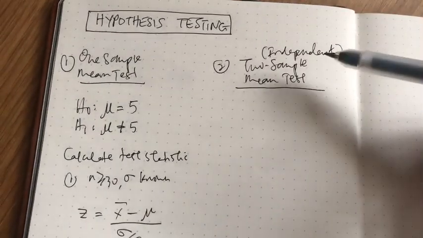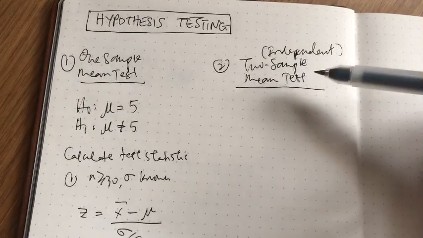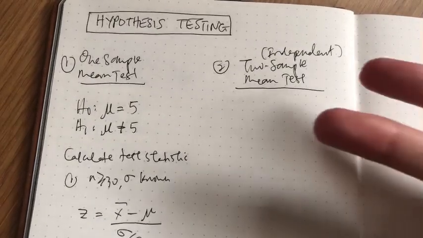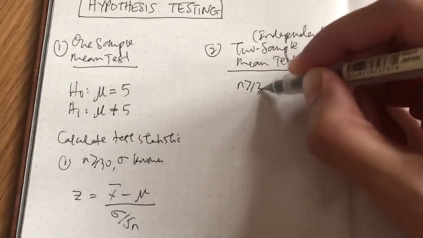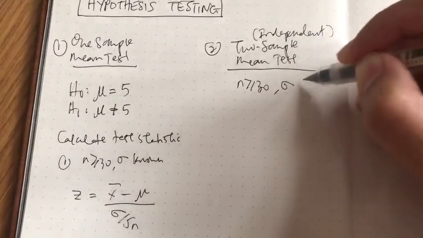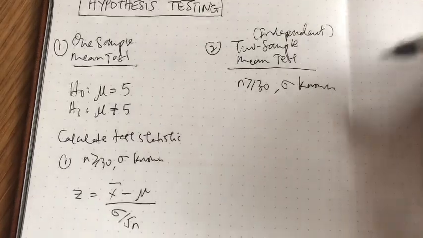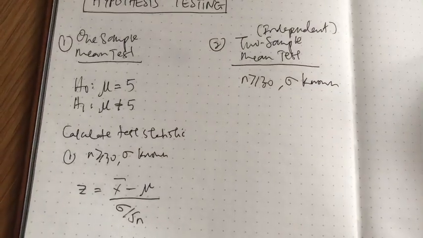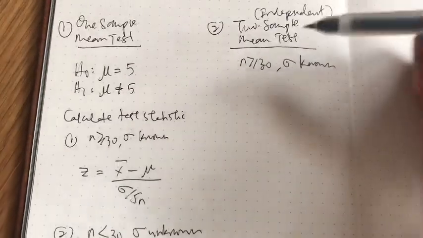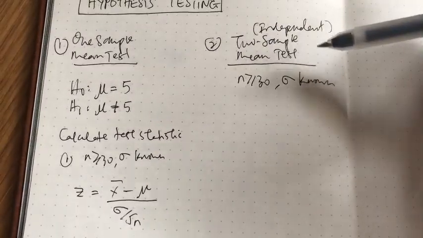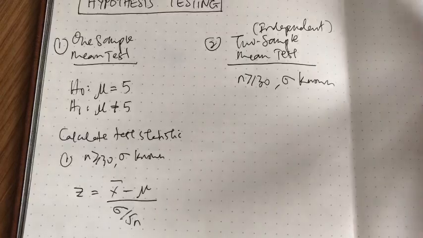For the case of an independent two-sample mean test, it's further divided into two types of tests. The first case is when we have a large sample size, and in this case, usually the population standard deviation is known. So how do we write the hypothesis first? Remember, the objective of a two-sample mean test is to compare between two population means.